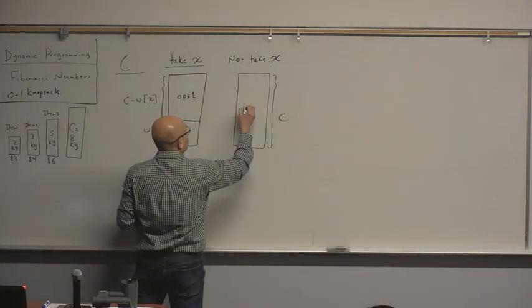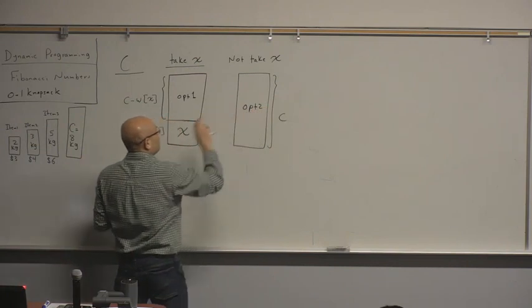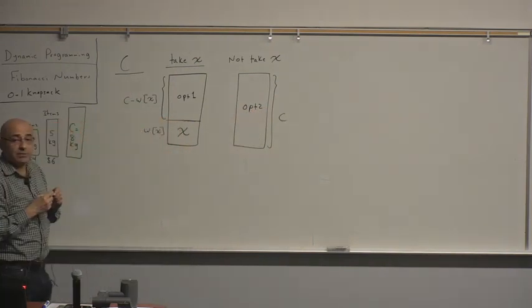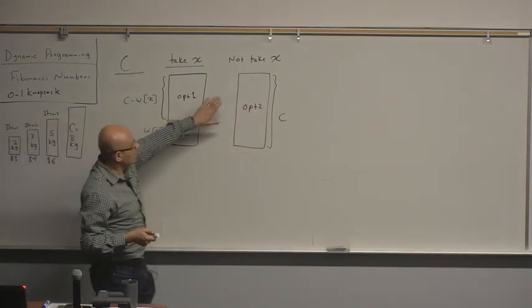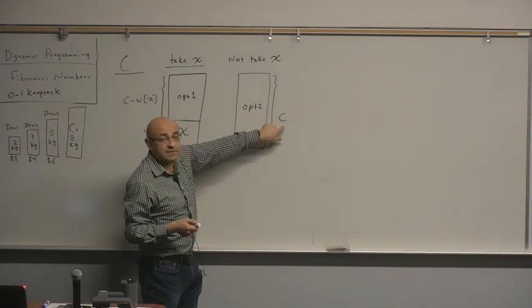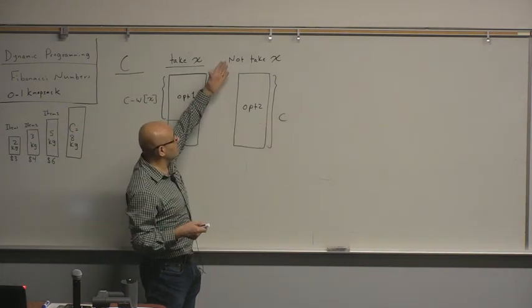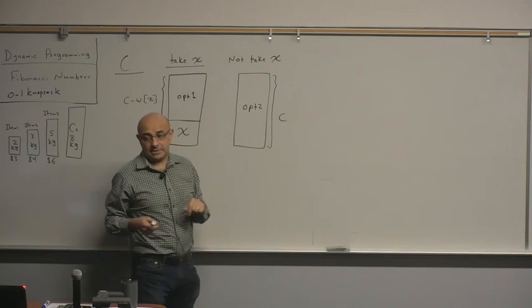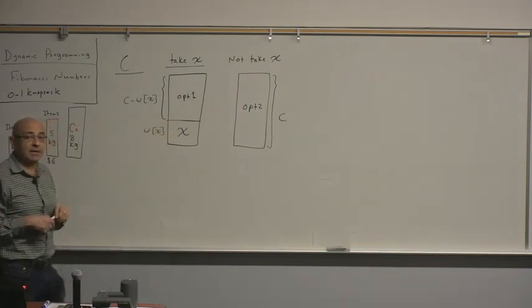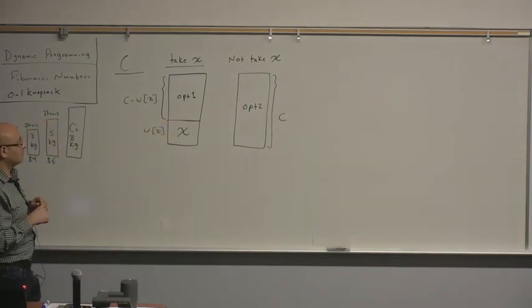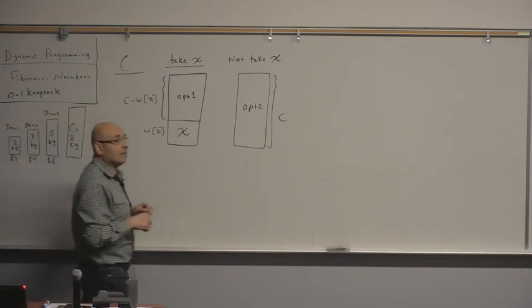So opt2 is the maximum value that I can fit in a knapsack with capacity C using items other than x, the item that I considered before. Now, how can I determine if taking x is better or worse than not taking x?